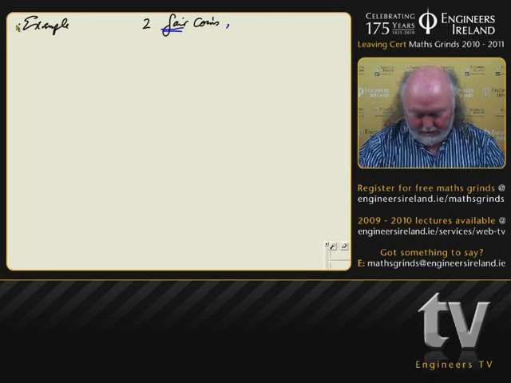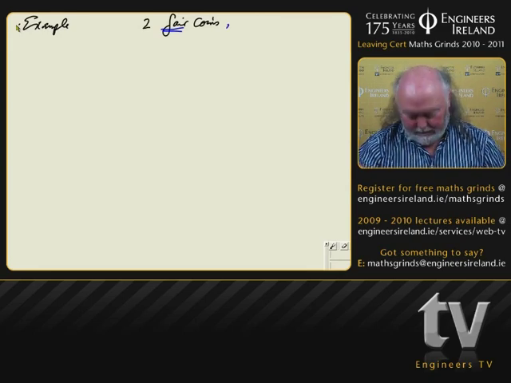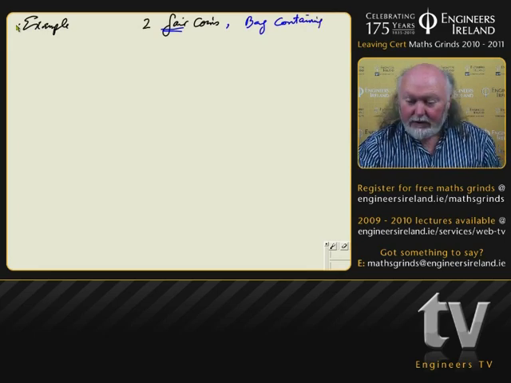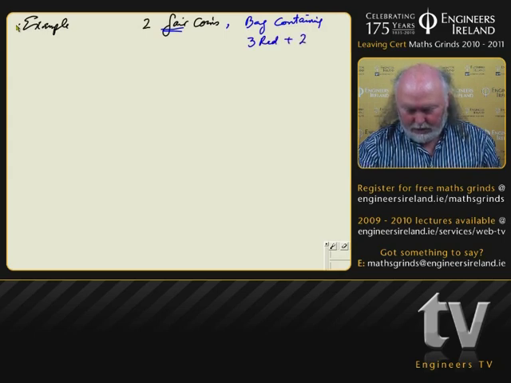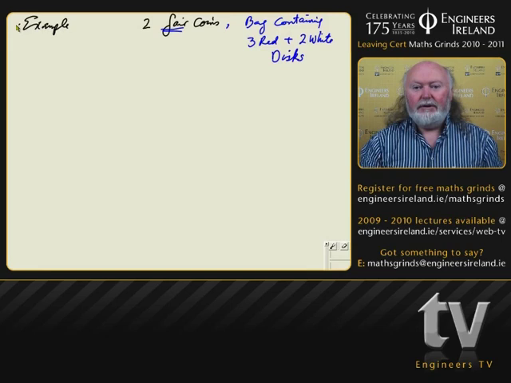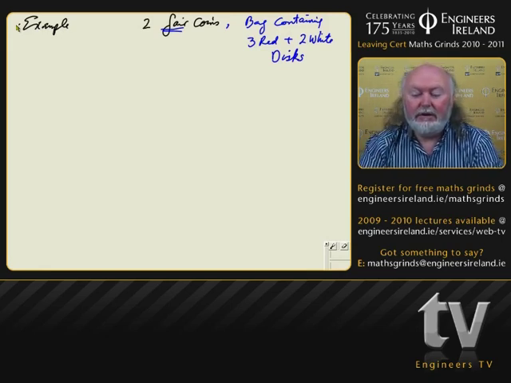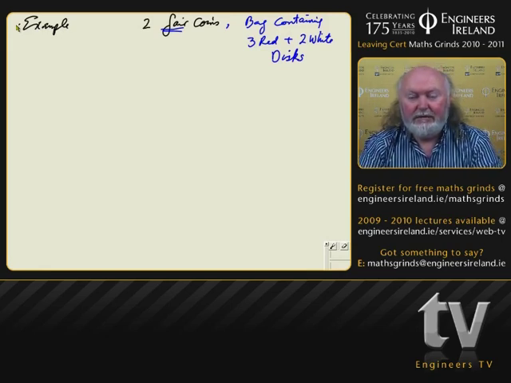So we've this, and we will have a bag containing three red and two white discs. So that's the hardware. You need 2 fair coins and a bag with 5 discs in it, 3 of which are red, 2 are white.